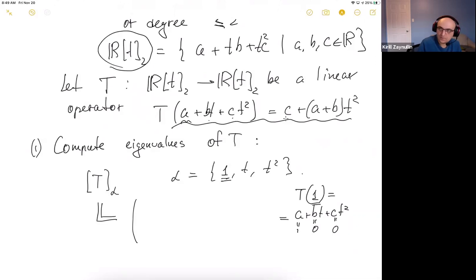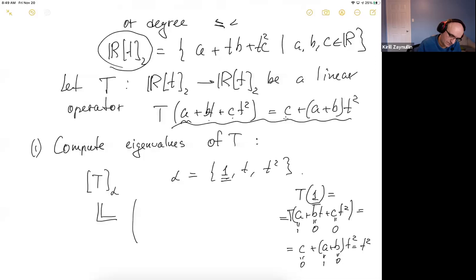Then T applied to this is c + a + bt². Now c is 0, b is 0, and a is 1, so I get t².